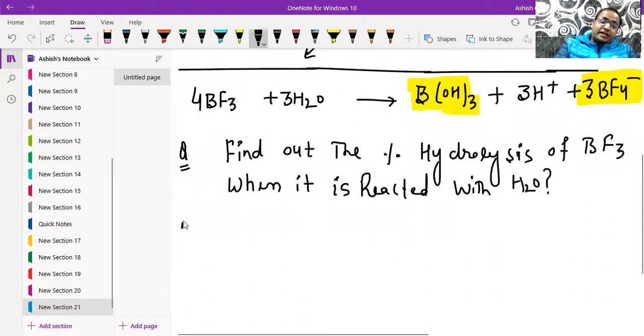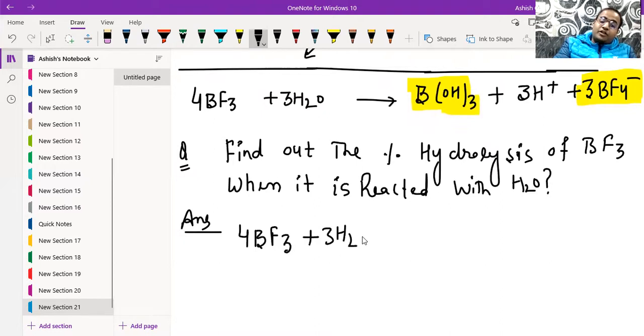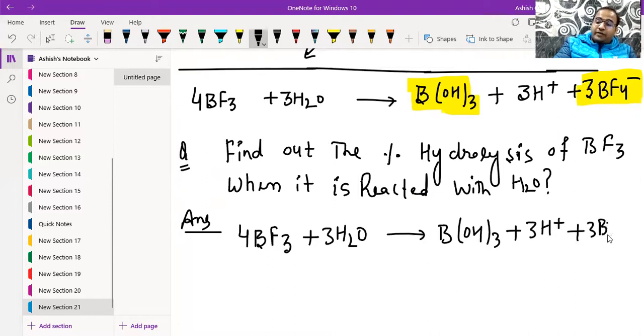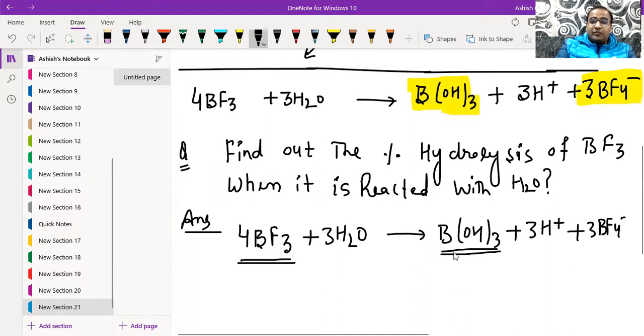What is the final equation I have? 4BF3 when it is reacted with 3 moles of water, what I am getting is B(OH)3 plus 3H+ plus 3BF4-, right? We can easily see that out of 4 BF3 molecules, only one BF3 molecule undergoes complete hydrolysis, because on complete hydrolysis the product I will get is boric acid.